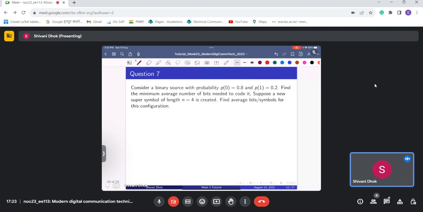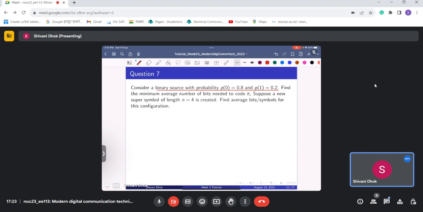Okay, if not, then let us go ahead to the next question. It says: consider a binary source where 0 appears with a probability of 0.8 and 1 occurs with a probability of 0.2, and we need to find the minimum average number of bits needed to code it.